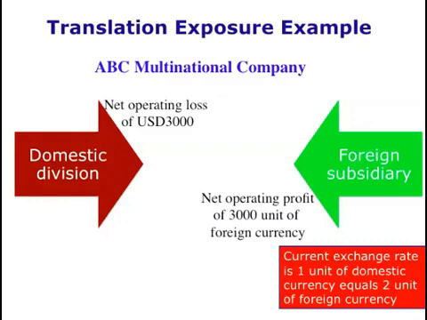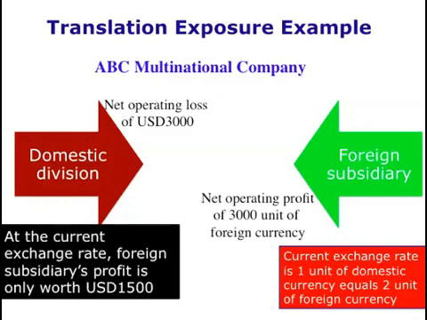What do you think? After you take into account the current exchange rate, you'll find that the foreign subsidiary's profit is only worth $1,500, not 3,000, and therefore you're unable to cancel out all the net operating loss experienced by the domestic divisions. Can you see the difference?